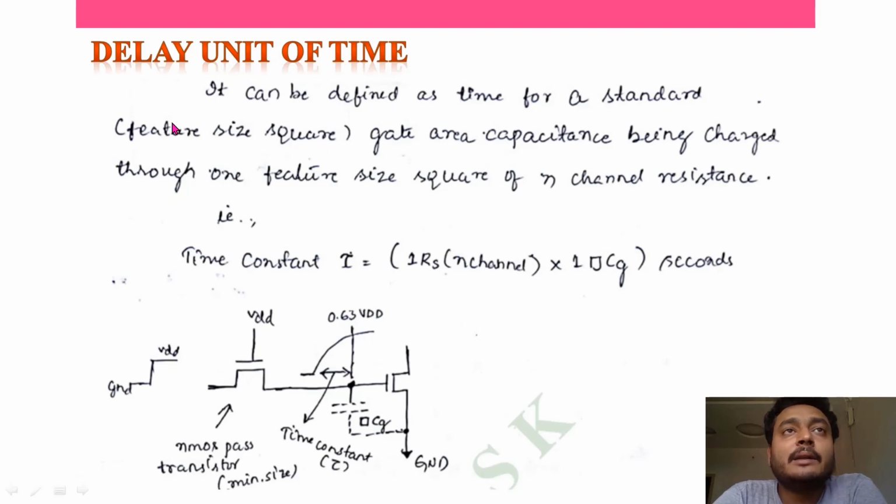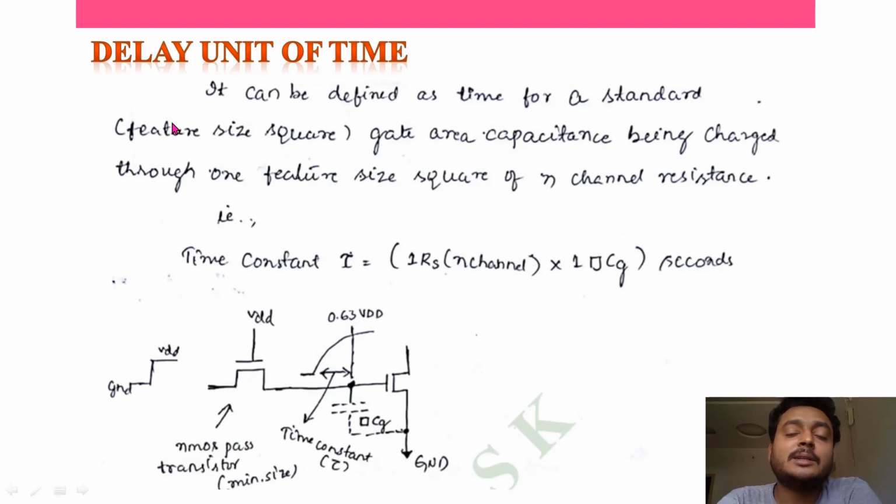You can define this as the time for a standard feature size gate area capacitance being charged through one feature size square of the n channel resistance. So you can simply say tau is 1 times Rs, that is for n channel, into 1 times the square of Cg.